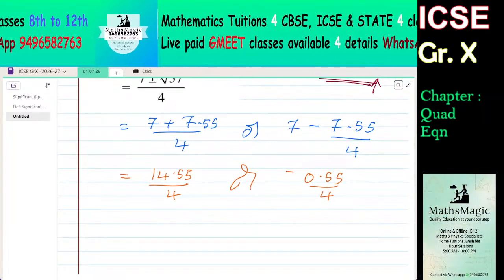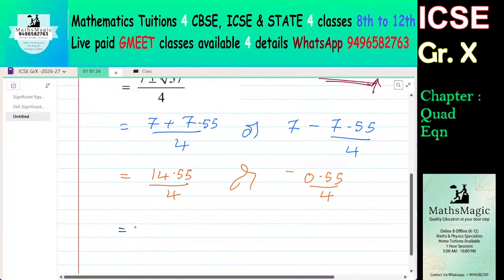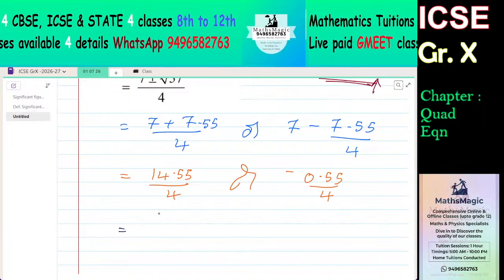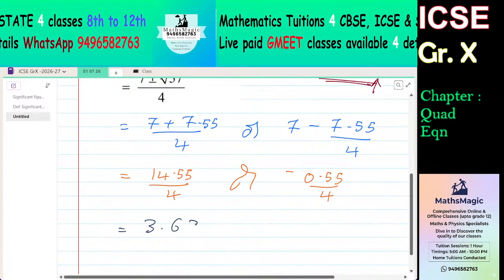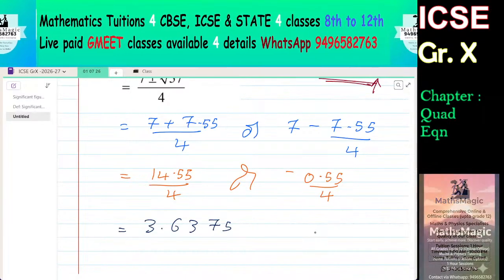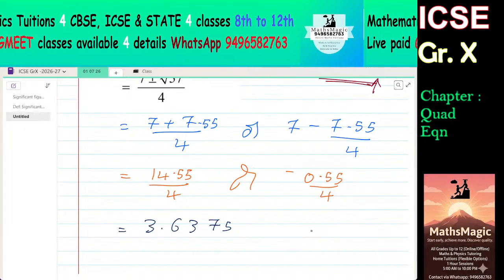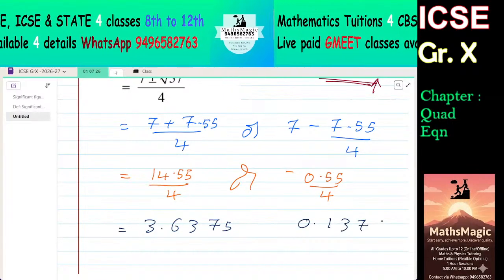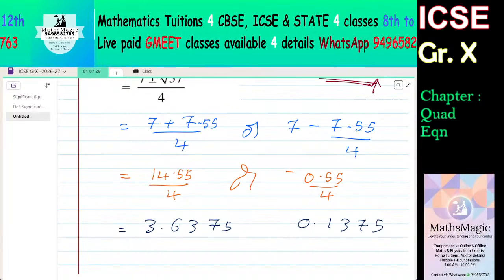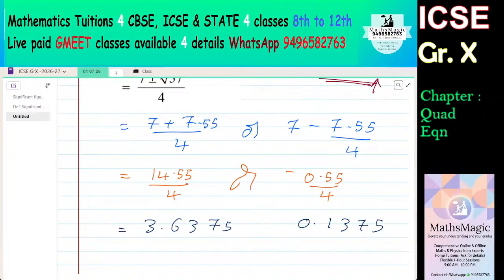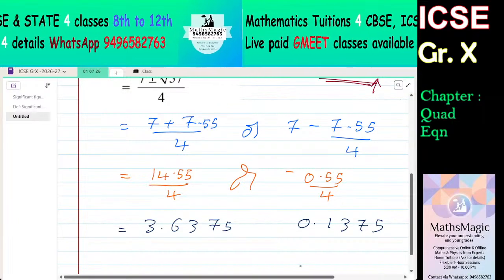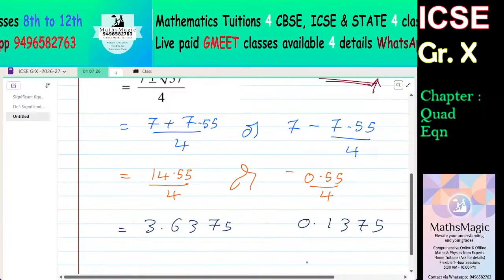Okay. At this point, someone is asking a doubt like this. So you will get this thing divided as 3.6375, and here the complete division will be 0.1375. Okay, so you can have the answer to three significant digits.